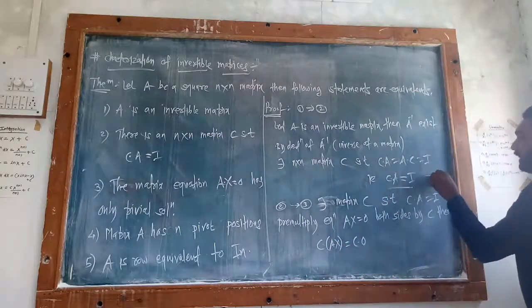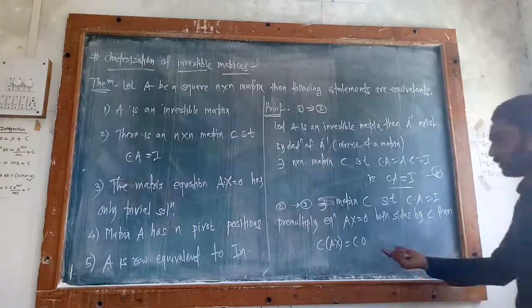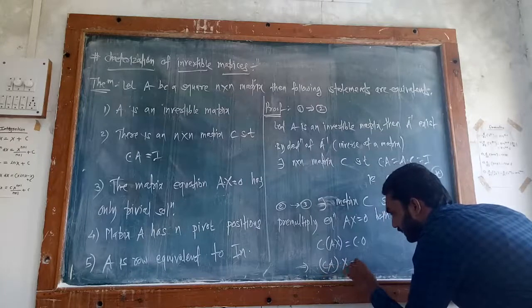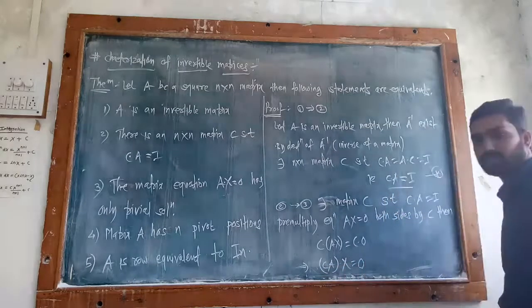Okay, and this is called star. Now next step, it becomes CA into x equal to C into 0, which becomes 0.